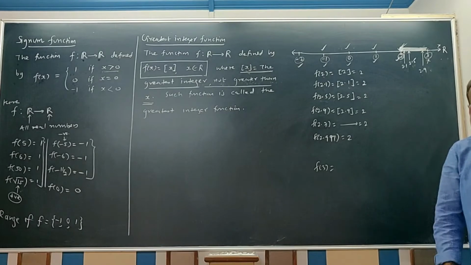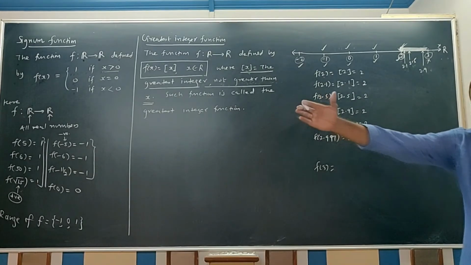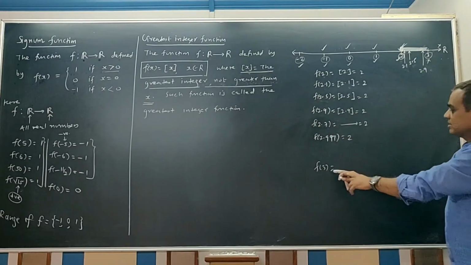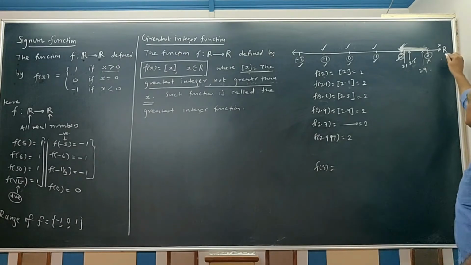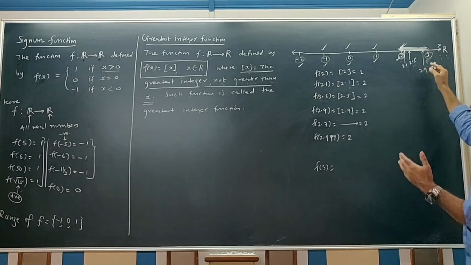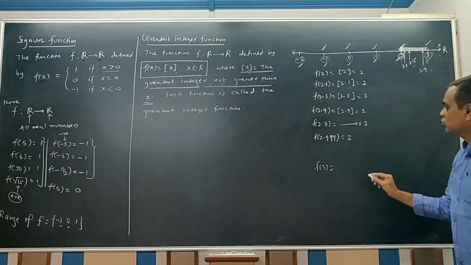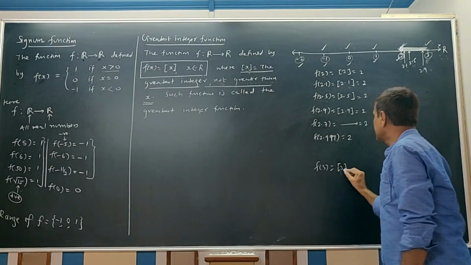So consider 3 itself or all integers which are smaller than that number. So the greatest on this side is 3 itself. So we take 3 here. The box value of 3 is 3.